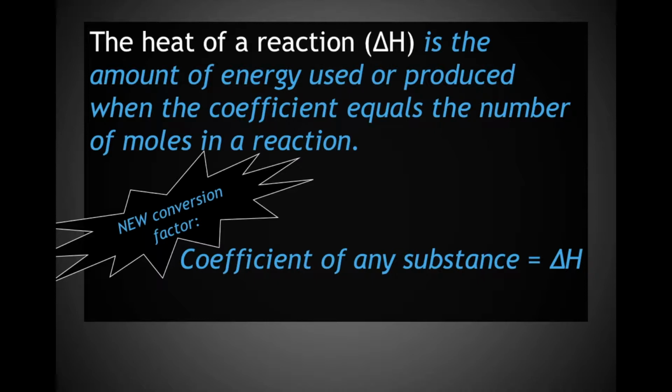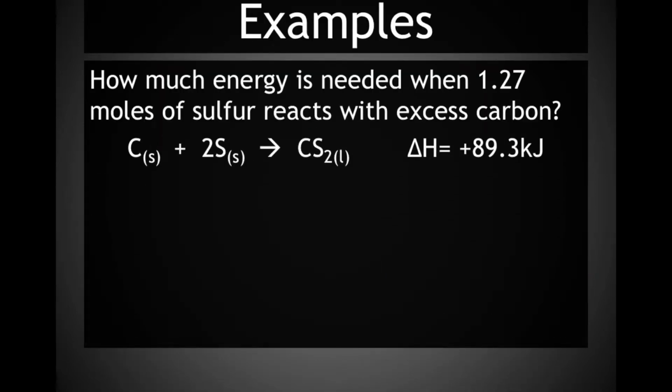It's in everything. So for an example, here's a type of equation where you have an equation, but separately they tell you the heat, which is actually the equation we saw just a while ago. Carbon and sulfur combine to make carbon disulfide.